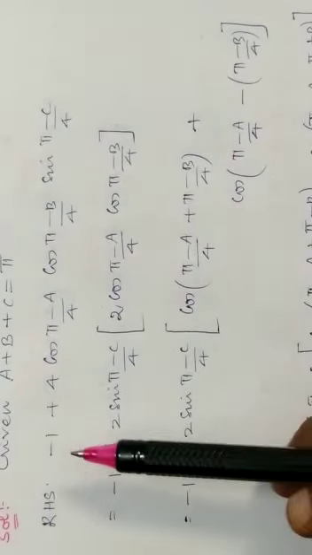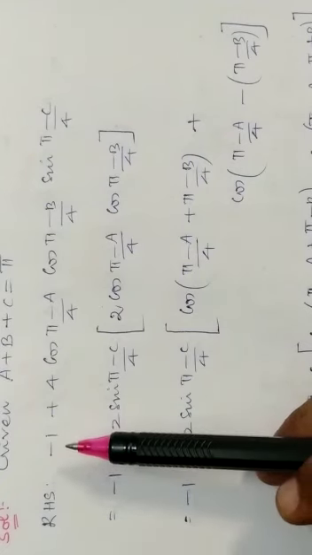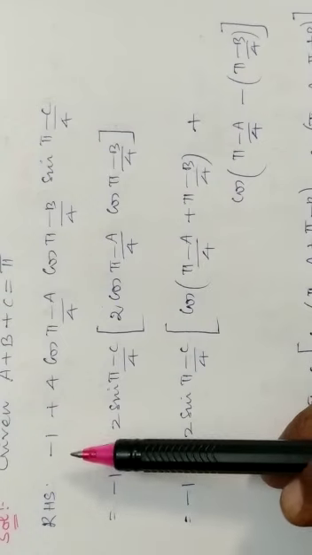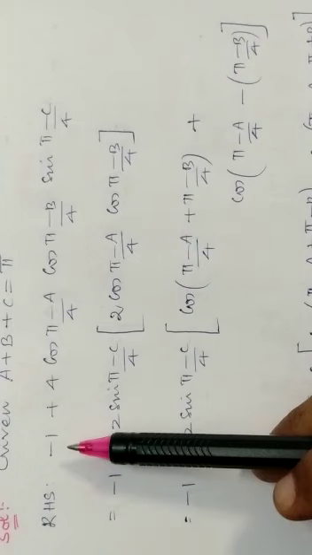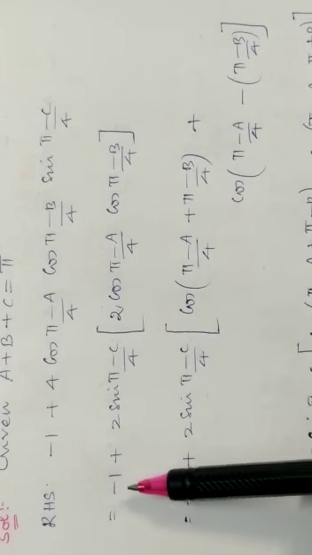Don't disturb this −1 till the end of the problem. Not only in this problem, in any problem of this kind, better not to disturb the number here. So I will maintain −1 till the end of the problem.